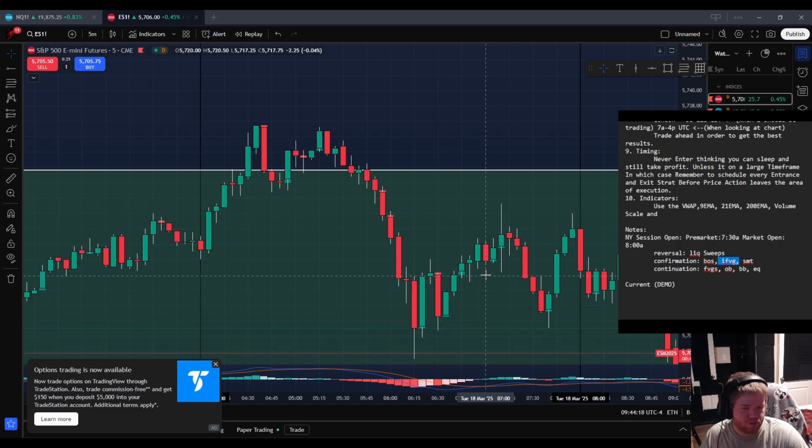It has been disrespected, and as a result, what was a continuation has now become a break of structure back to the upside, if that makes sense. And break of structures are confirmation that price is going to continue moving per the reversal of a liquidity sweep.